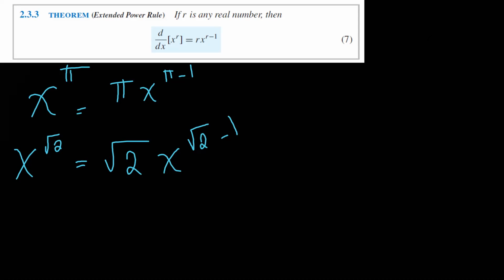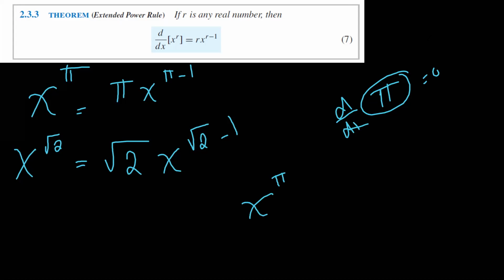Teacher, didn't you say it will be 0, which is the derivative of pi as a constant? No, if it is only pi, you will say the derivative of it is 0. But if you have x raised to the power pi, you will say pi x raised to the power pi minus 1.